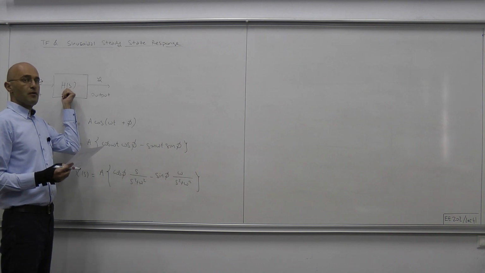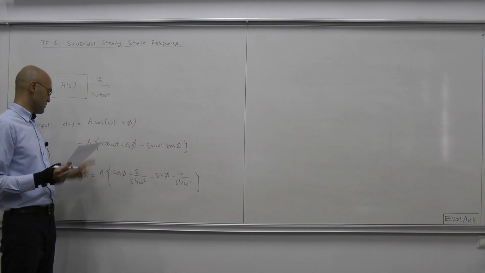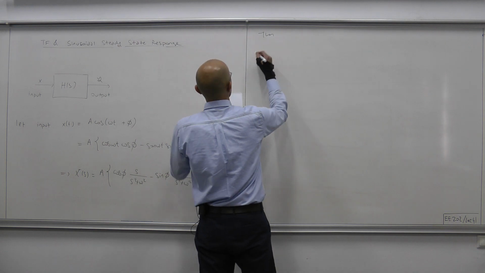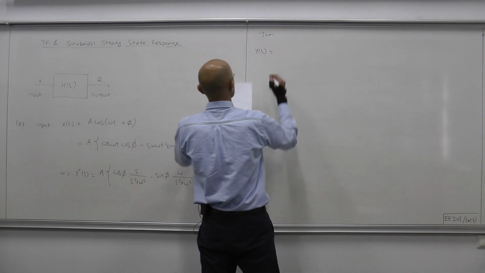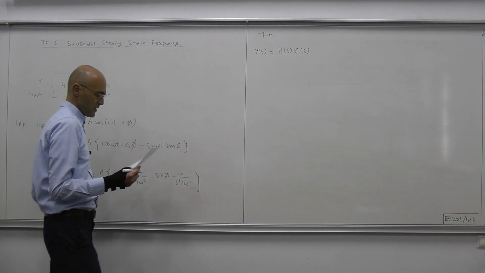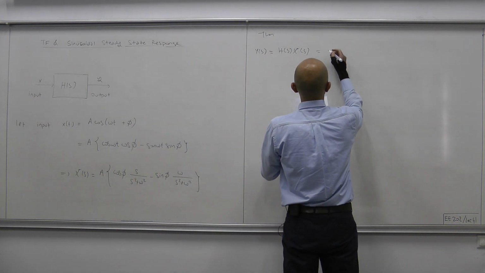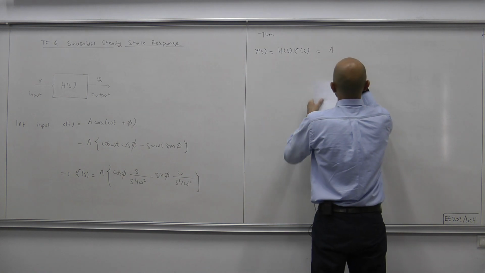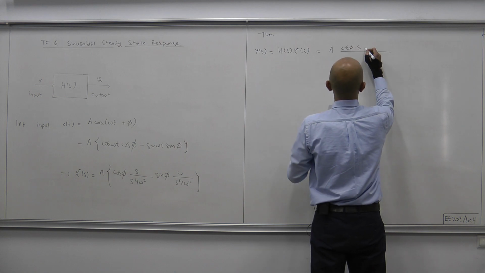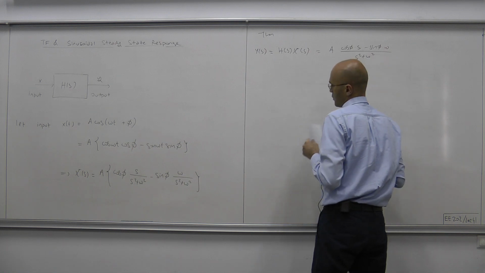The transfer function is given as h of s. Therefore, the Laplace transform of the response is simply h of s times x of s. So y of s equals h of s times x of s, and that equals a times cosine phi s minus sine phi omega over s squared plus omega squared.